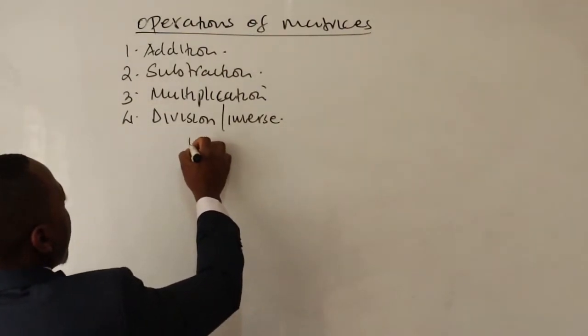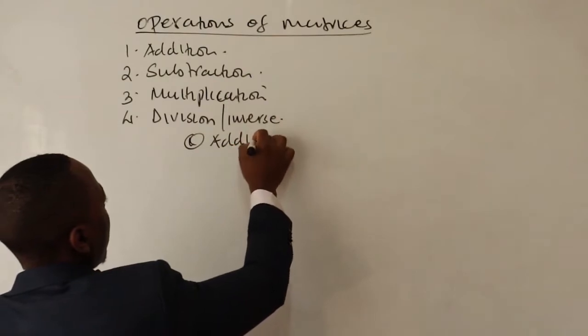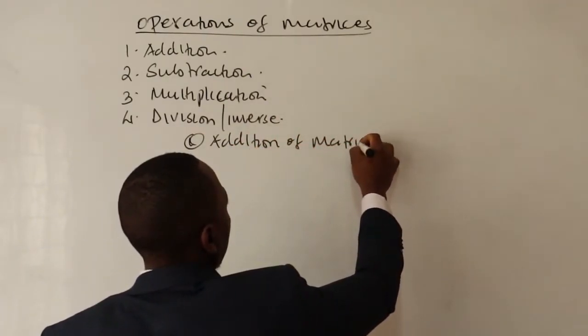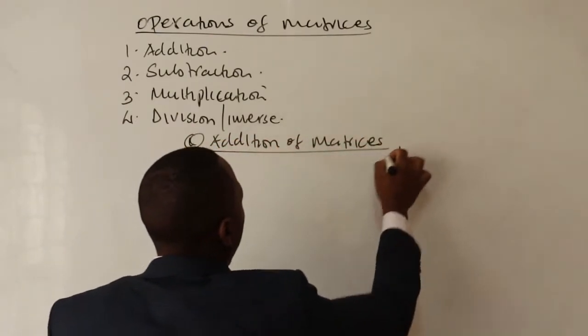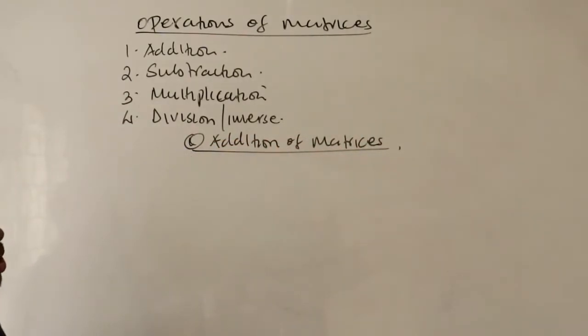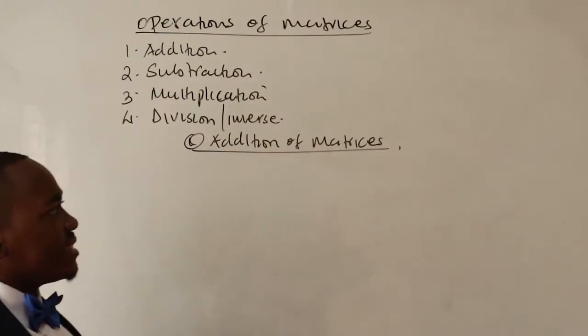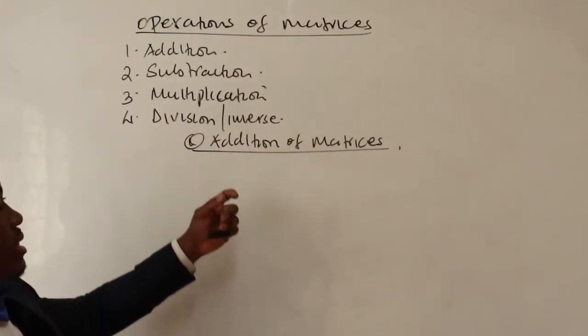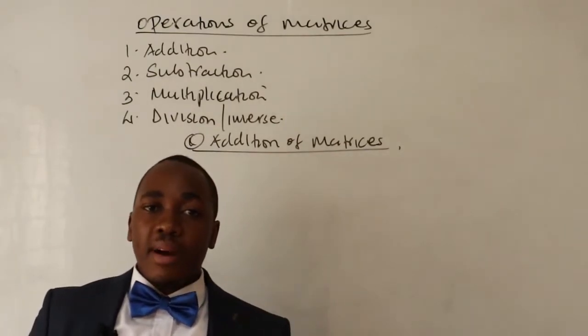And number 1, let's start with addition. Addition of matrices. How does addition in matrices work? In this case, it's just like a normal 1-by-1 matrix, but what matters mostly is the order of a matrix.